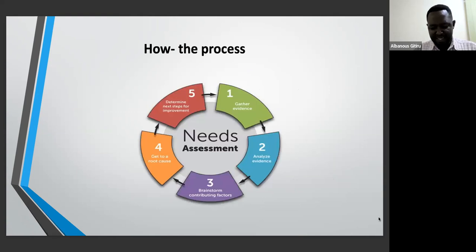For those that are conversant with project management, this illustration just shows how the process of needs assessment can be conducted. This is a replacement of the project identification cycle. And from the illustration, you can see that we have our first step where you need to gather evidence.